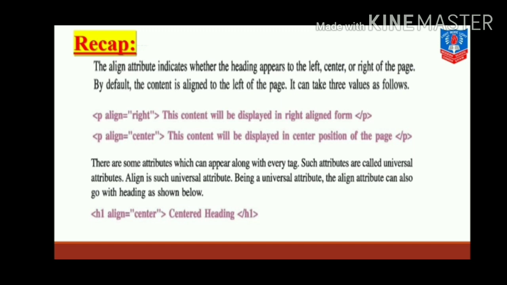We can make it aligned center or right, or even justified. Here we can simply give P align equals right, and the content will be displayed on the right side. P align equals center, and the content will be displayed in the center of the page.